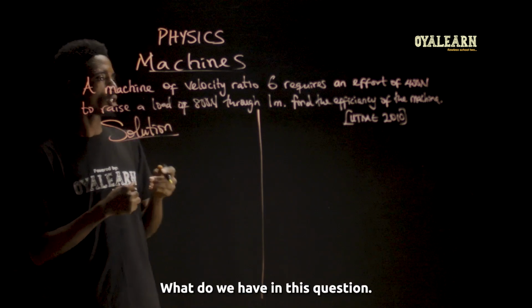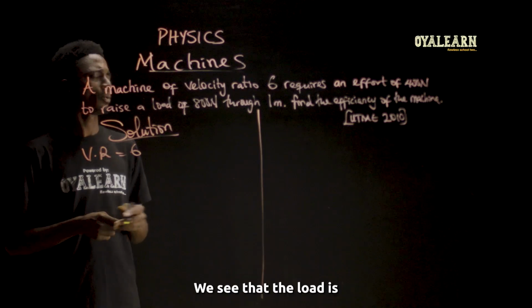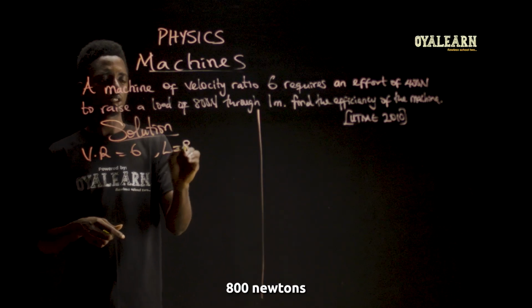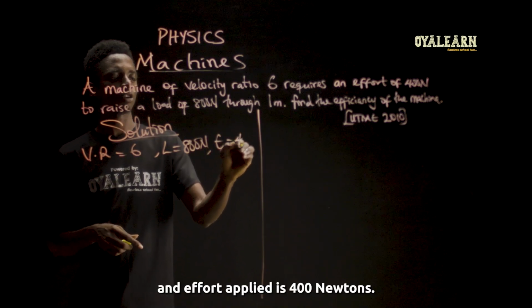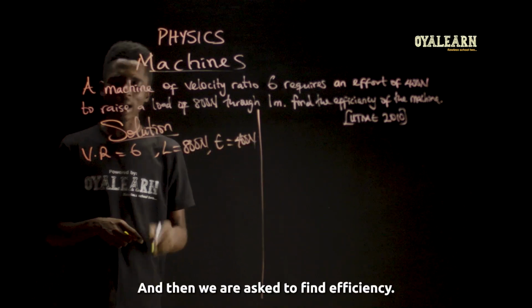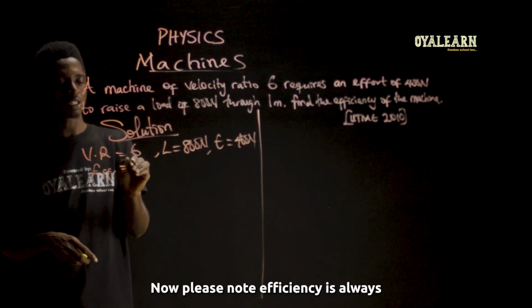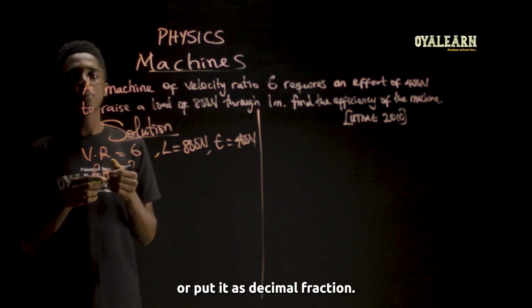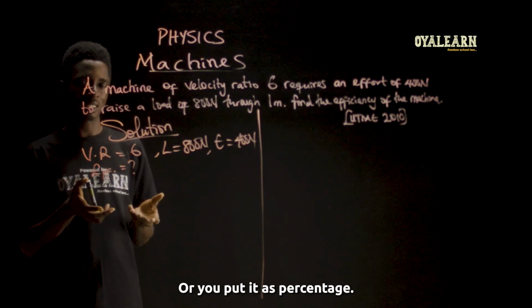What do we have in this question? We see we have velocity ratio, which is 6. We see that the load is 800 newtons and effort applied is 400 newtons. And then we are asked to find efficiency. Now, please note, you can put efficiency either as a ratio, or as a decimal fraction, or as a percentage.